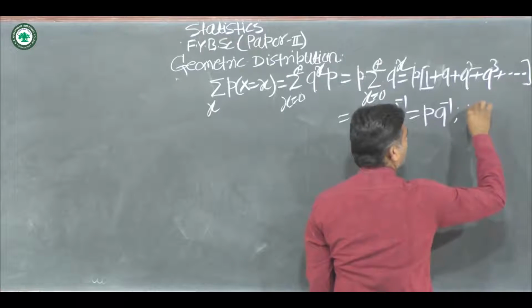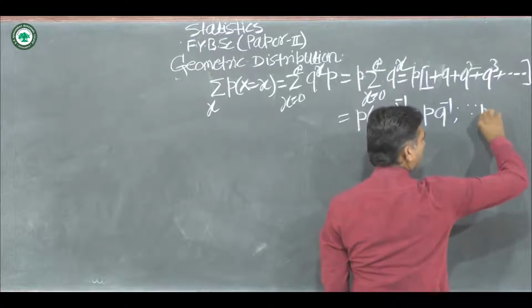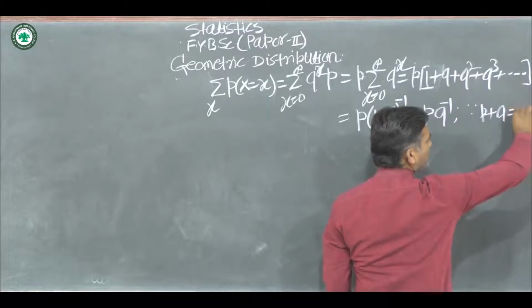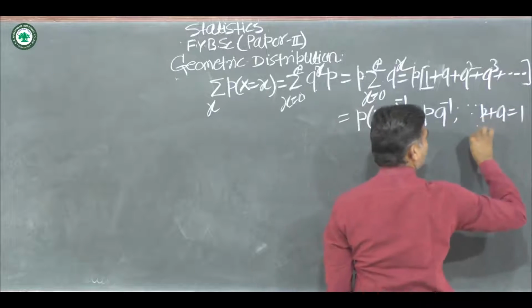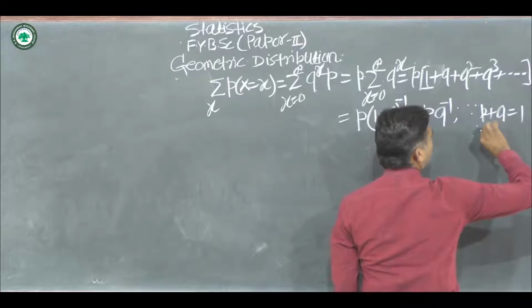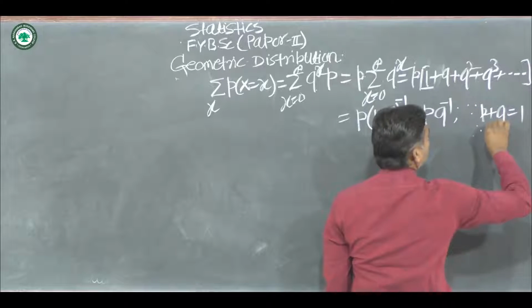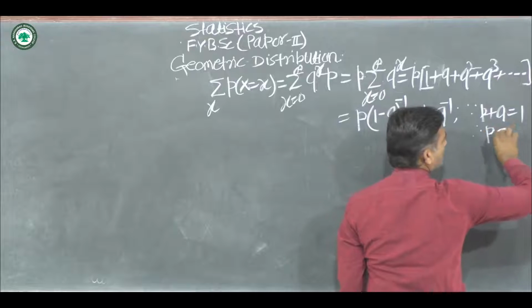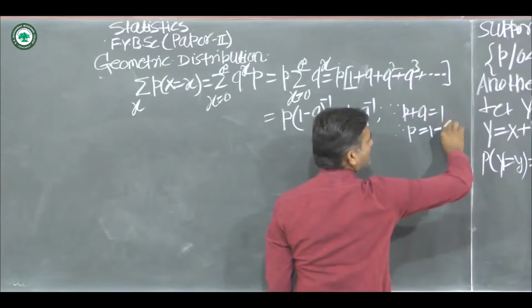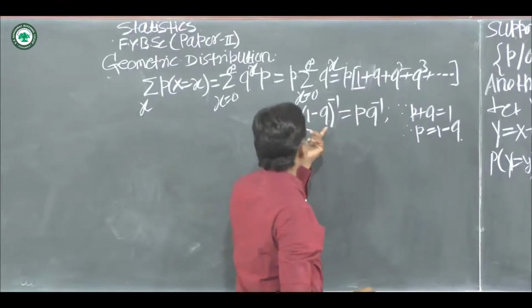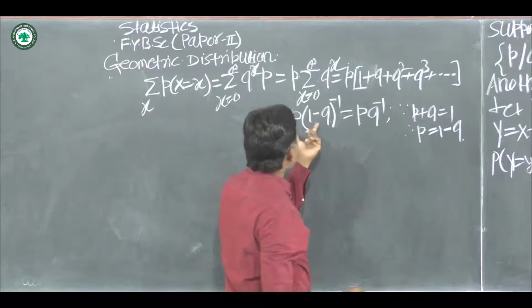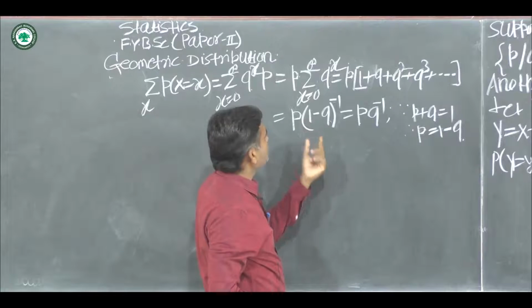Since p plus q is equal to 1, therefore p is equal to 1 minus q, that is, 1 minus q is equal to p.